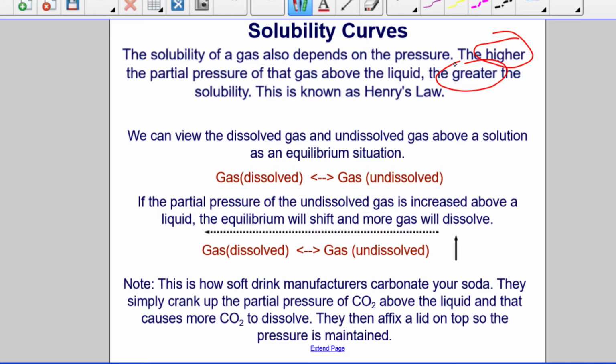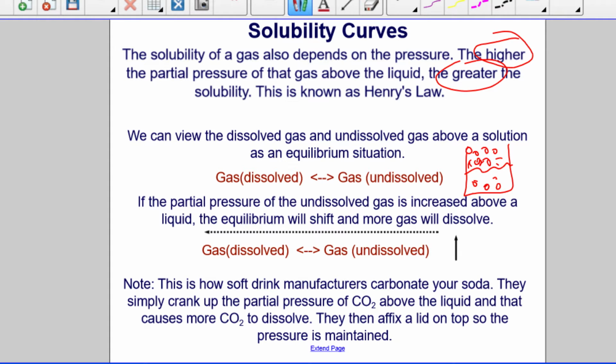So if you had a sample, right, and you had, let's say, water, and then you had some gas bubbles dissolved in it, and then you also had some gas sitting on top of it. So you have some undissolved gas sitting on top of the liquid, some dissolved gas inside the liquid.